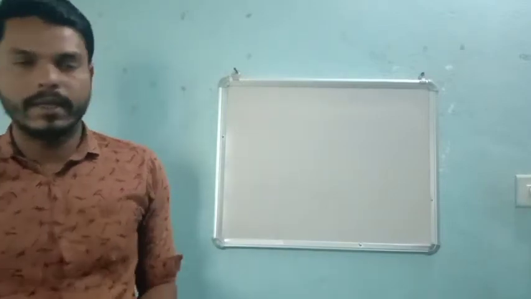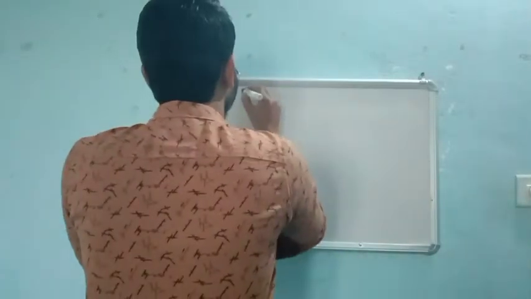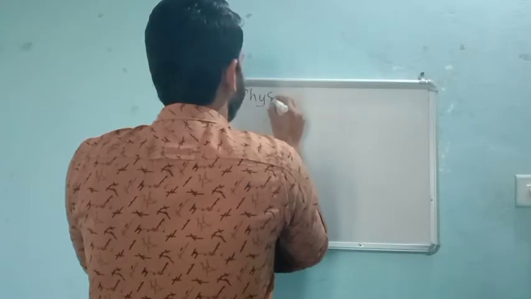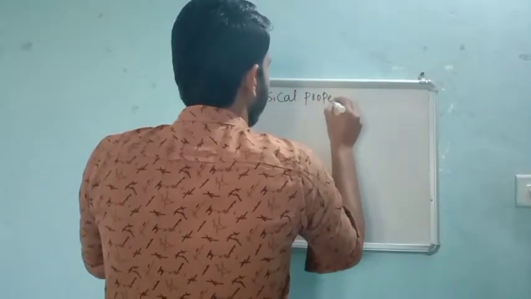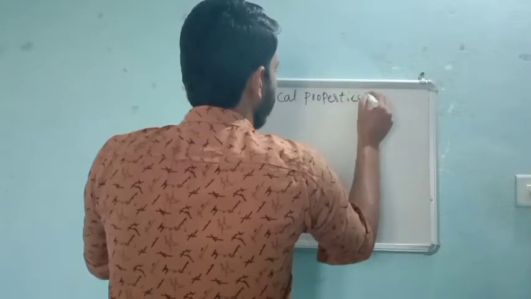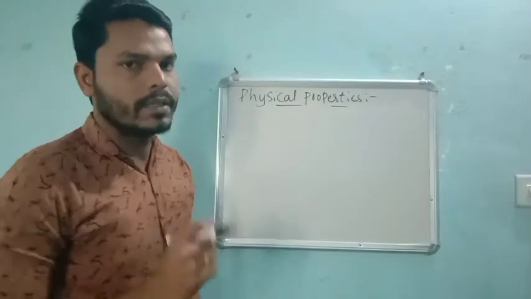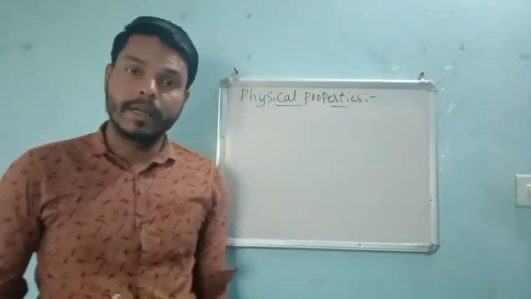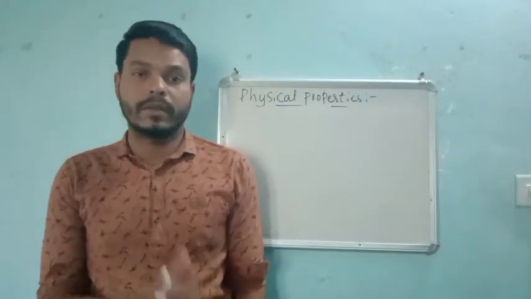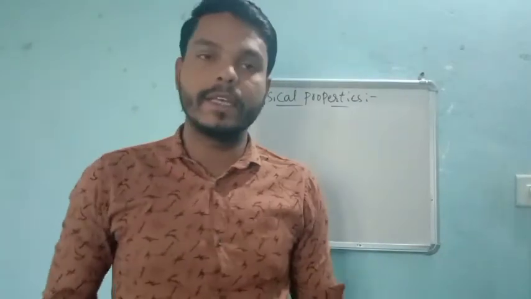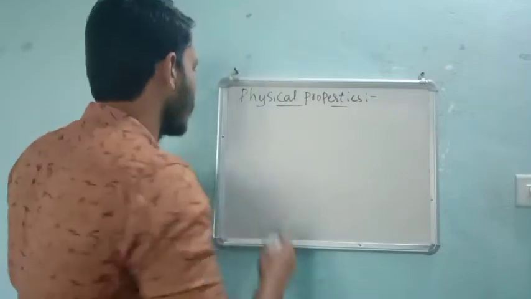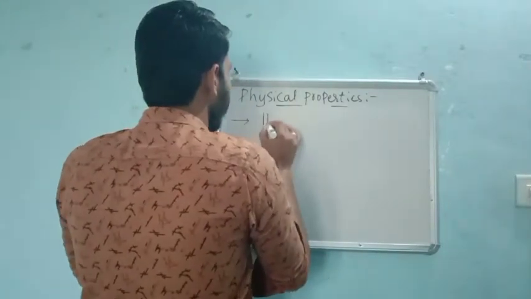The first part is the physical properties, and based on the physical properties we will have so many questions in your NEET as well as the CET examination. So don't neglect these points. These are very easy, but they have some twist, right? So the first point: haloalkanes have higher boiling points.